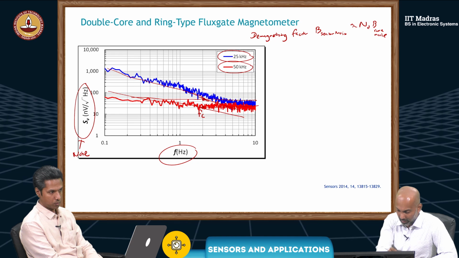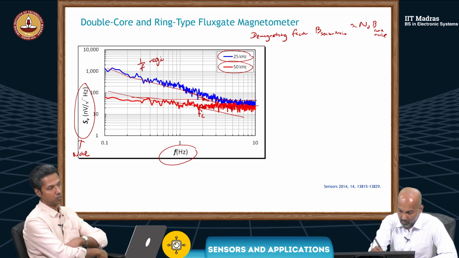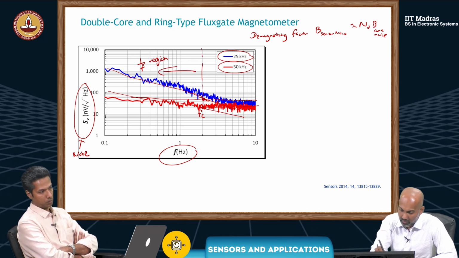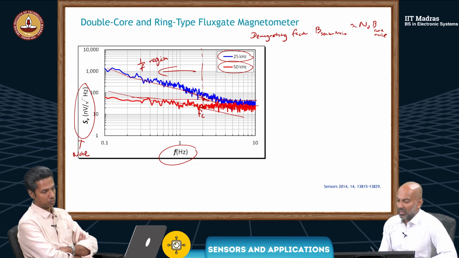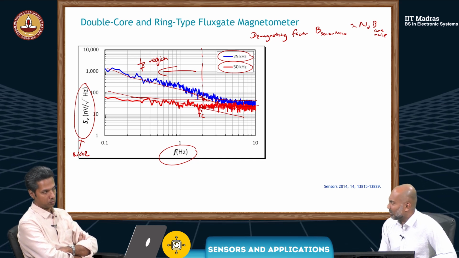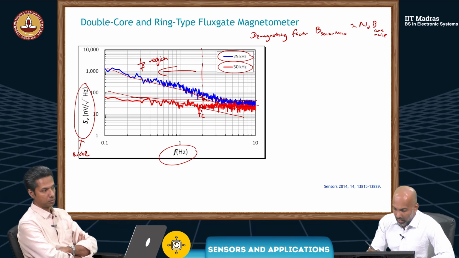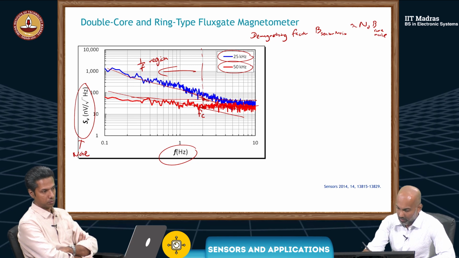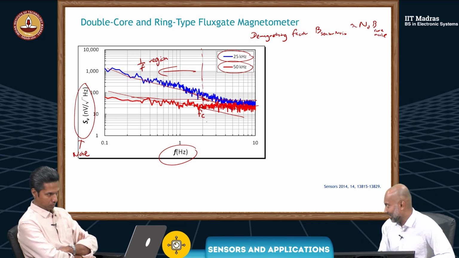This area we call the 1/f region. The noise is a bit more there. There are also some other names, like flicker noise. This point here is known as the knee.